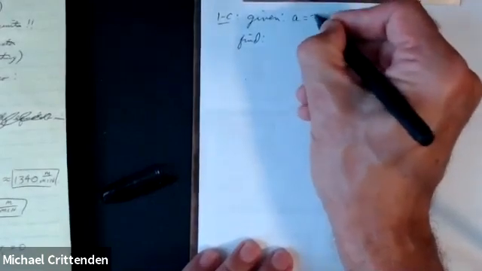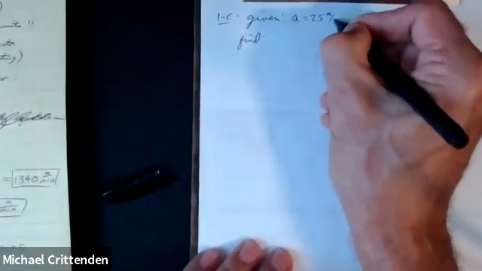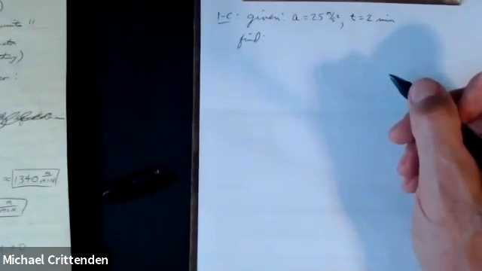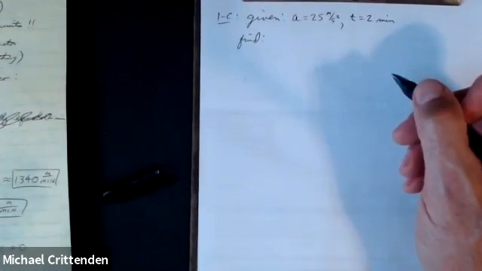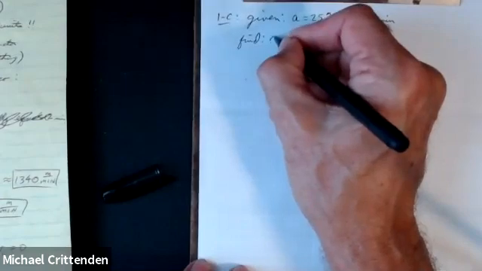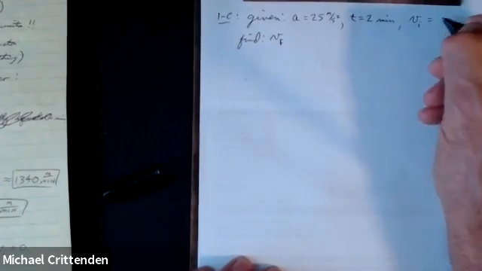Okay, so that's telling you the acceleration: a equals 25 meters per second per second. Time equals 2 minutes. What is its final speed? Find V final. What is its final speed if it started from rest? Started from rest is telling you V initial equals 0.